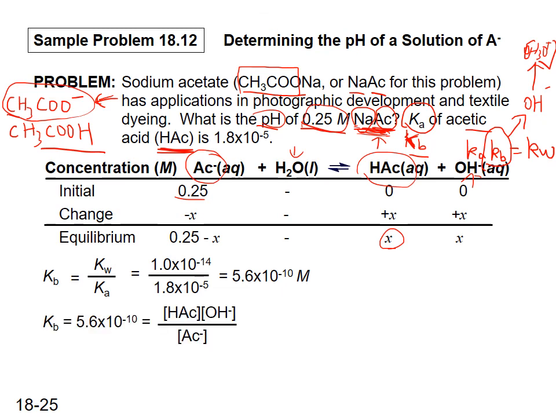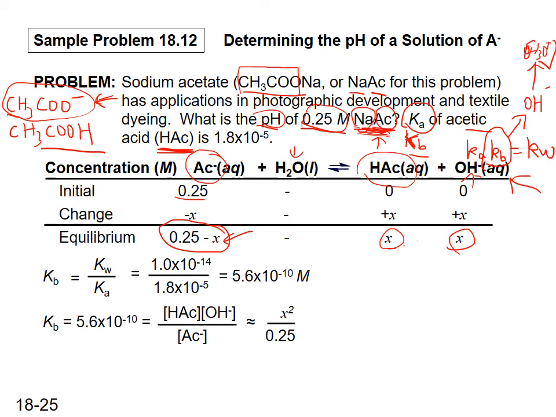Next we write the equation for Kb. So Kb is the products divided by reactants for this base reaction. In this table, it's X times X, so it's X squared divided by the equilibrium base concentration, and again we assume X is very small, so it can be neglected, and so you get X squared divided by 0.25.